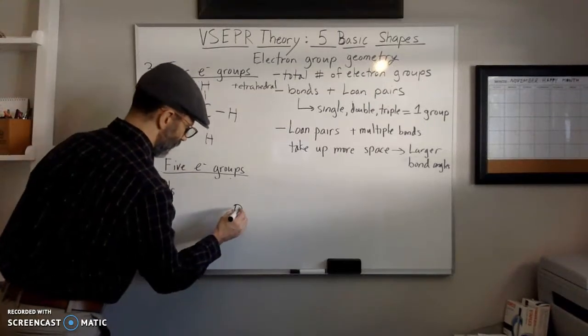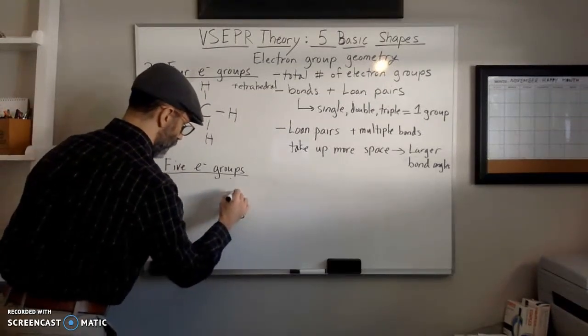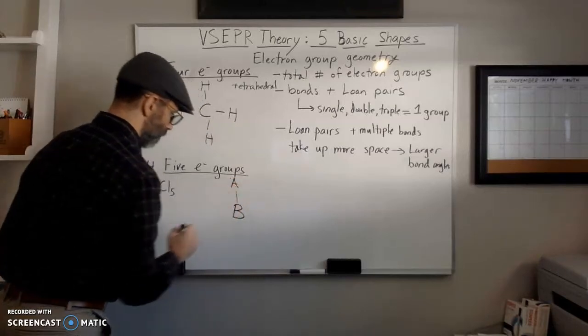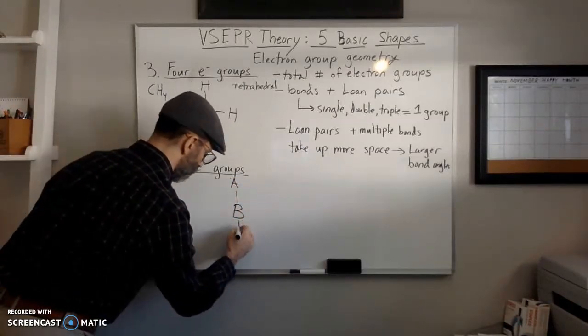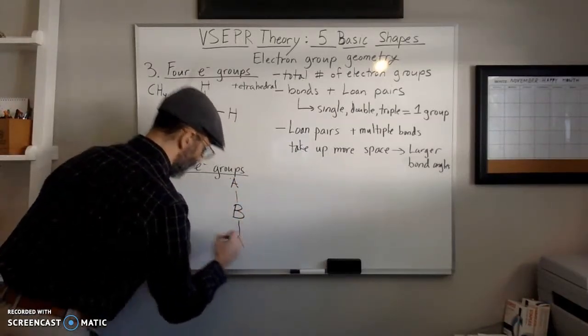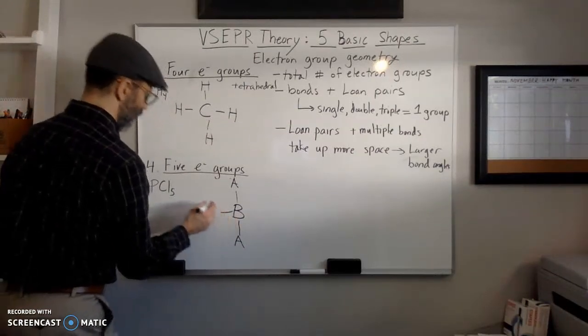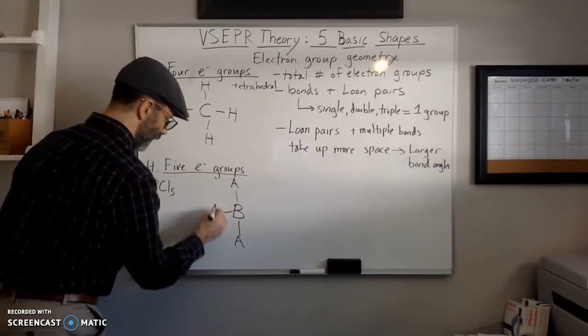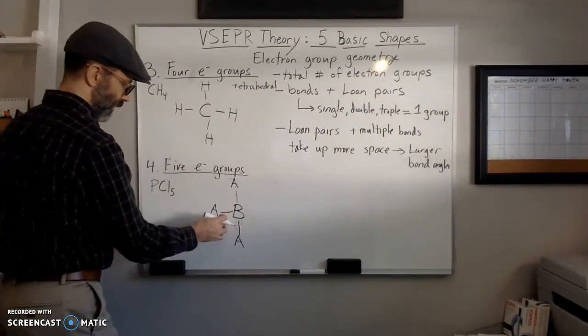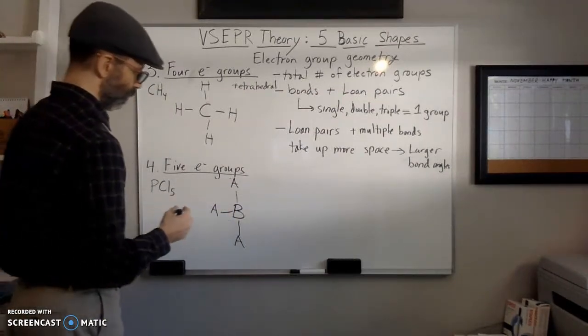And so what's going to happen is I'm going to have an A on top. That's my outer atom. I'm going to have an A on the bottom. And then I'm going to have, again, this A is in the plane of the board.